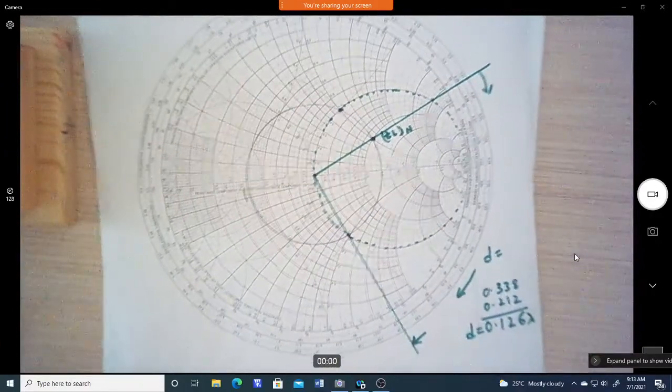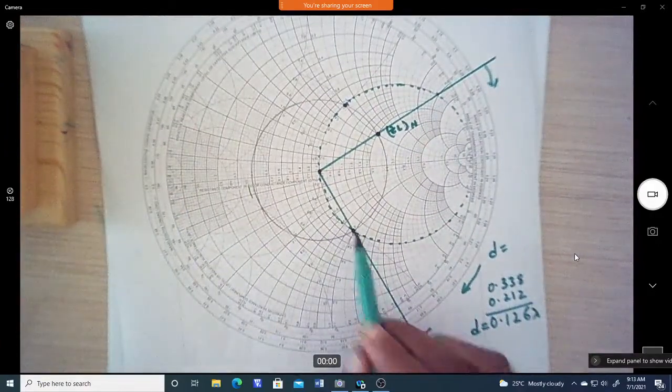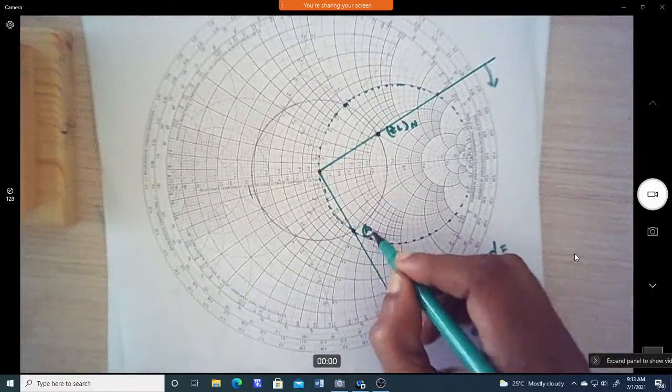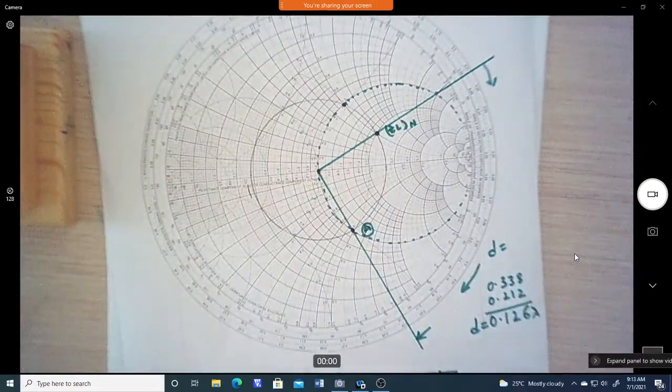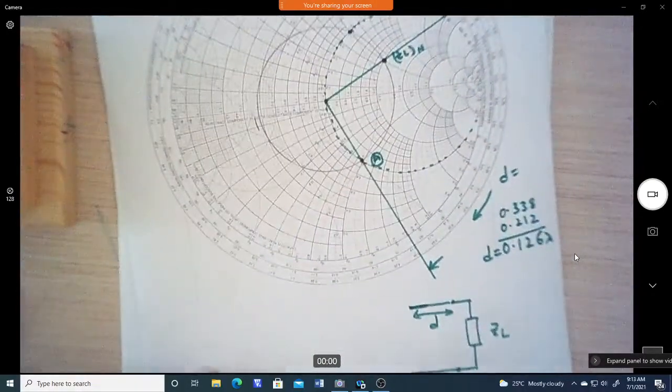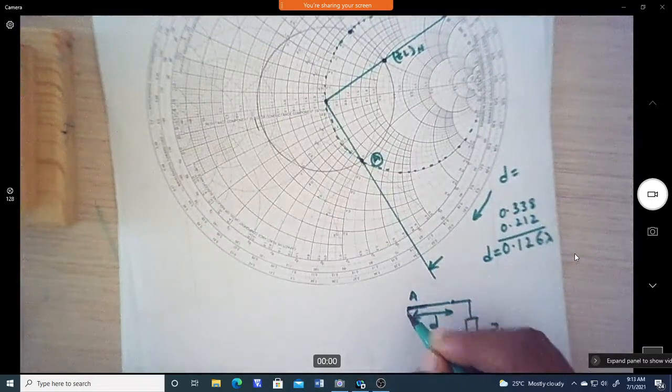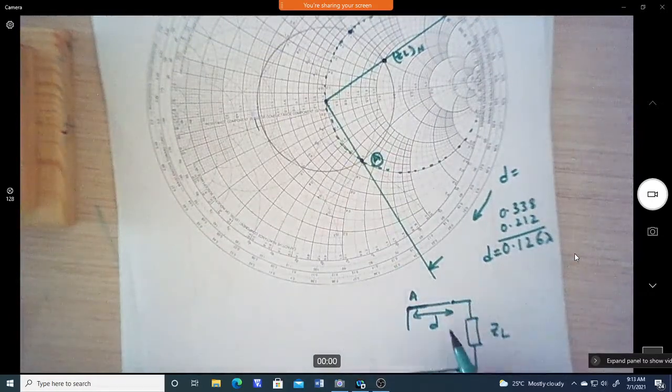So this distance we have to move to get the point. Let us take this point as A, where we need to connect the stub.